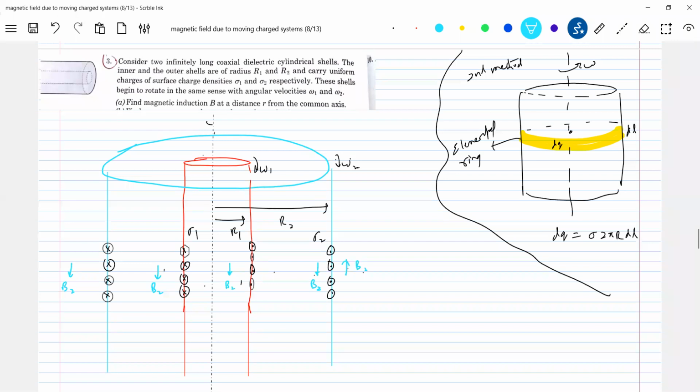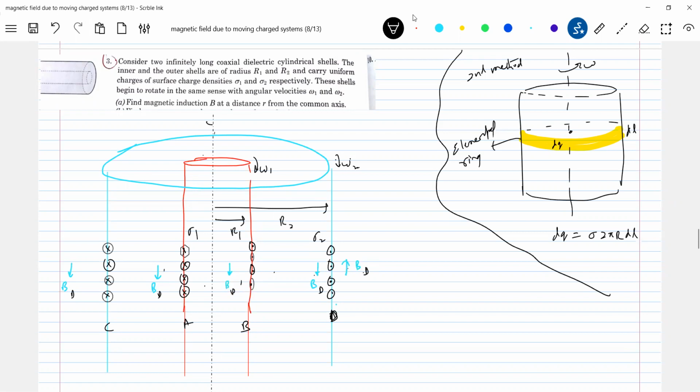I don't know what symbols to give. Structures 1, 2, 3 we already used, no? So I'll do one thing. A, B, C, D. It will produce field BD.